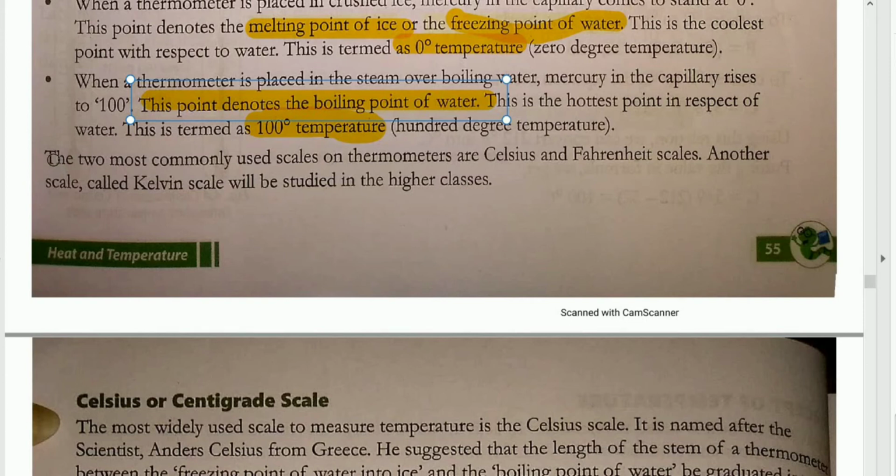So water starts to boil at 100 degrees temperature. The two most commonly used scales on thermometers are the degree Celsius and Fahrenheit scales. And another scale, the Kelvin scale, we are going to study in higher classes.